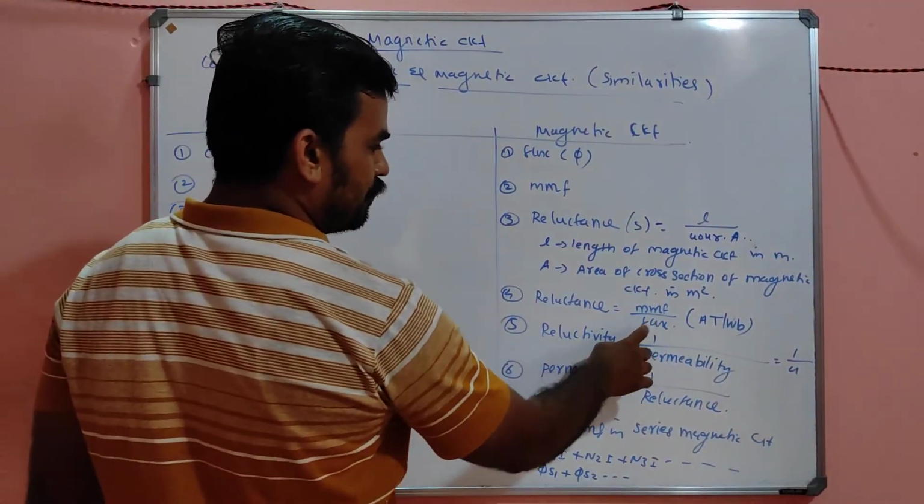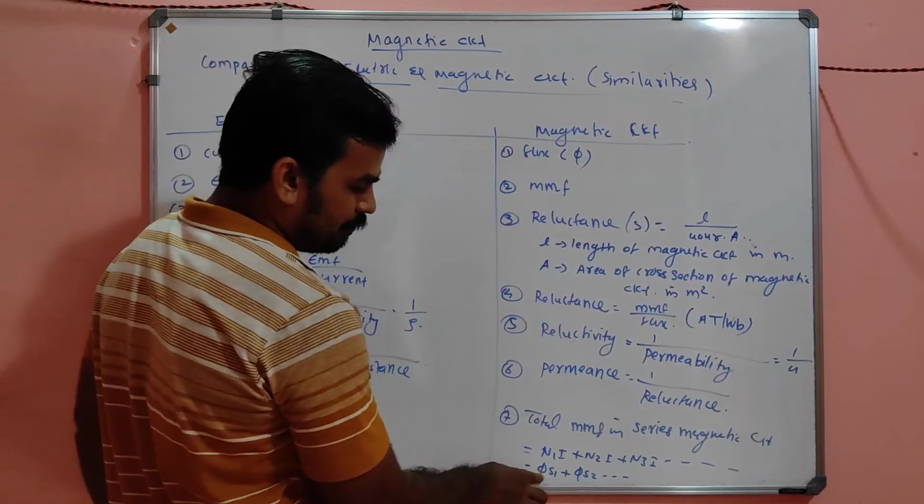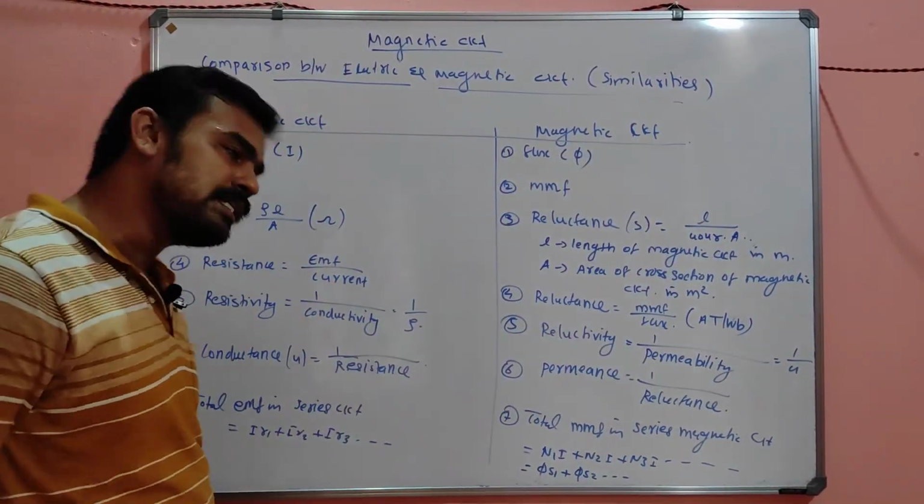From here MMF is reluctance S into phi, correct? That's why phi into S1 plus phi into S2, up to phi into S.